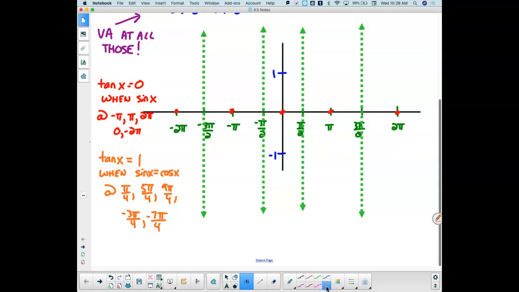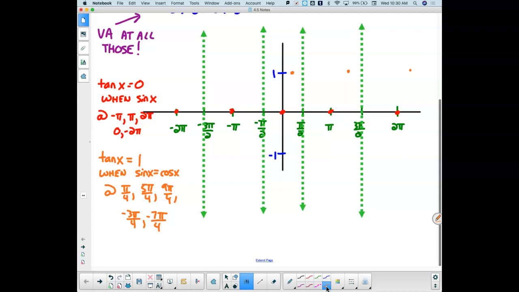So it's equal to 1 at pi over 4. Pi over 4 is halfway between 0 and pi over 2. 5 pi over 4 is halfway between pi and 3 pi over 2. 9 pi over 4 is halfway between 2 pi and 5 pi over 2.